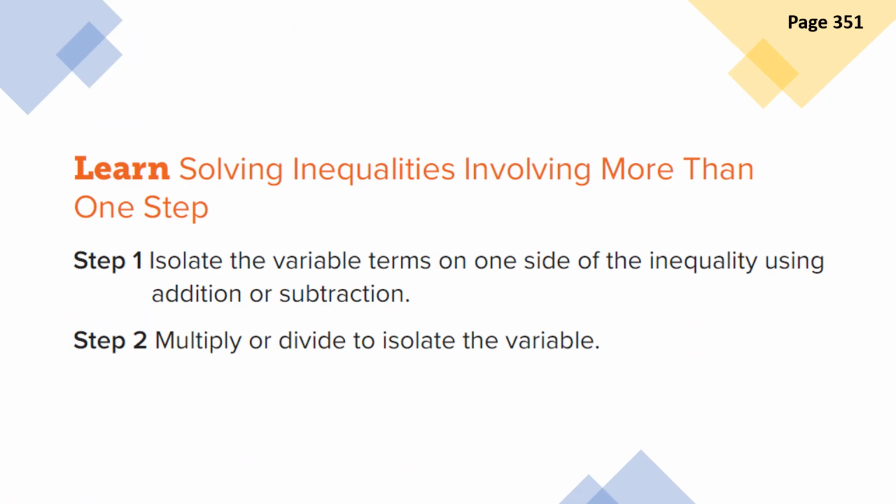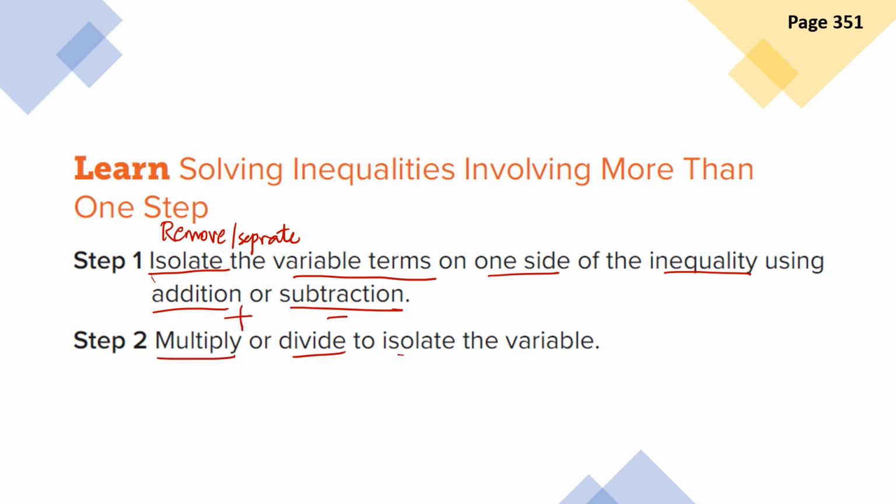We are going to use the following steps to solve the inequality. Step 1 would be to isolate, just remove and separate the variable terms on one side of the inequality using addition and subtraction, or you can multiply or divide to isolate the variable.